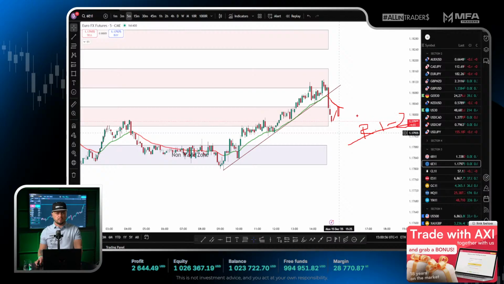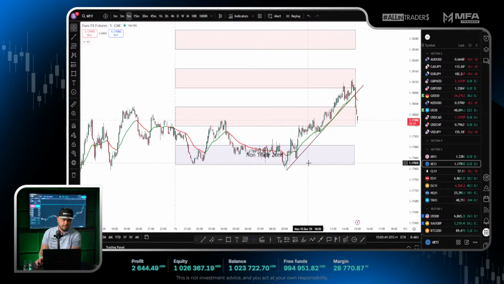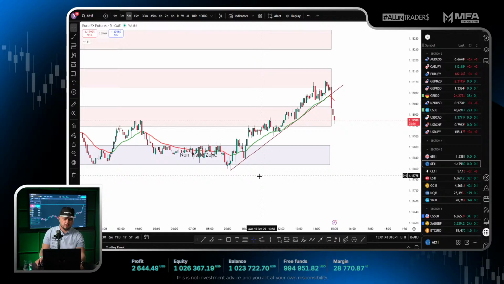Okay, sorry. 1 to 2, but I need to wait and see the reaction at the exponential moving average, then a bearish candle, and we can open the trade to get to the non-trade zone. We can get to the bottom of the non-trade zone. I think the bottom will be better because this is the low of the day. Okay, so somewhere around this area will be great.